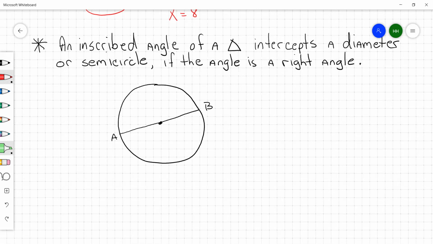If I go anywhere along the top of this circle or the bottom of this circle, I put a point C. And then I connect C to A and C to B. If that angle has endpoints on a diameter or on a semicircle, then it forms a right angle.